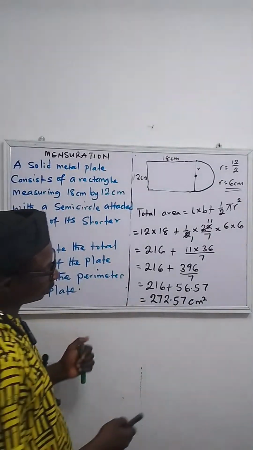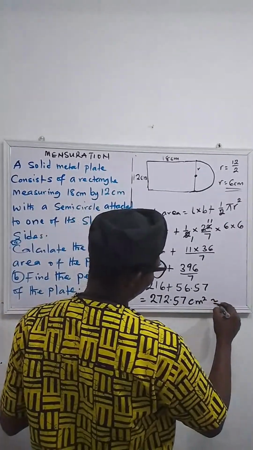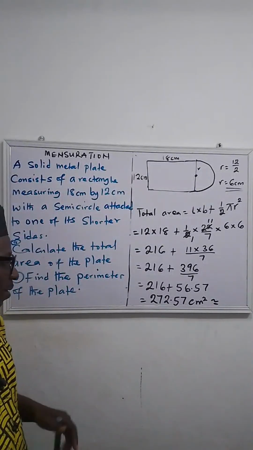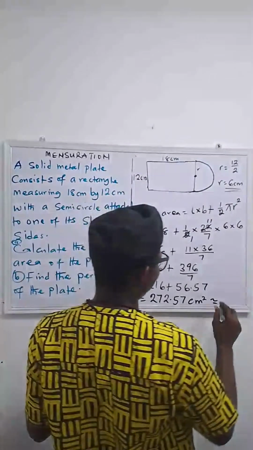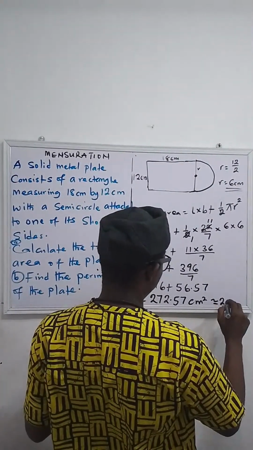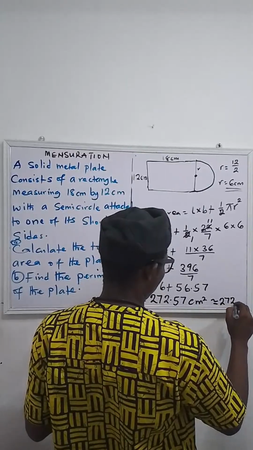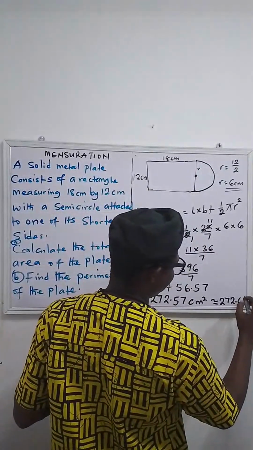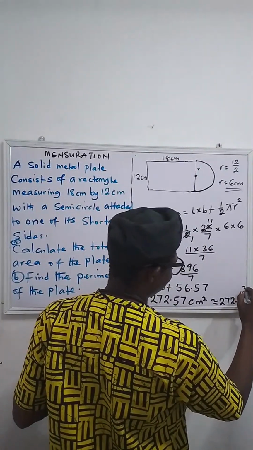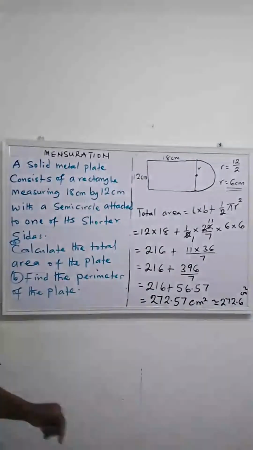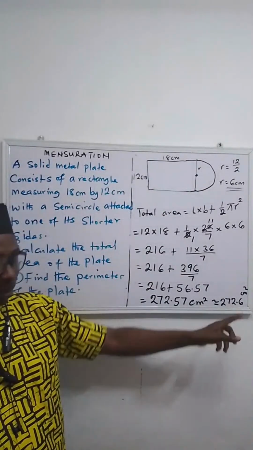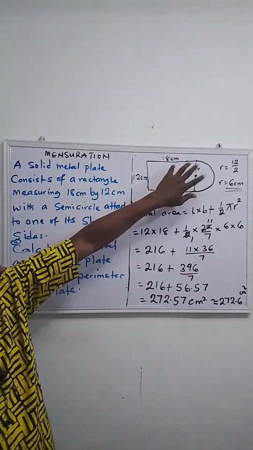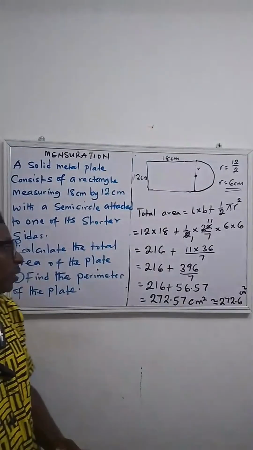So let's just correct it so that we'll be on the same page with those people that are making use of 4-figure table. So this is going to give us 272.6 centimeters square. So that is the area of the plates.